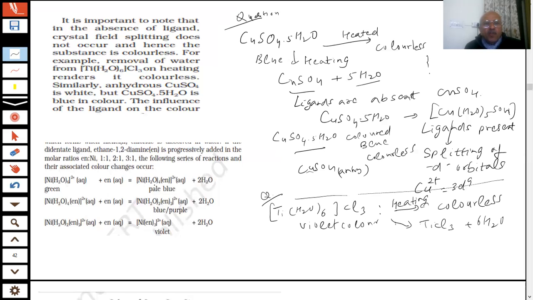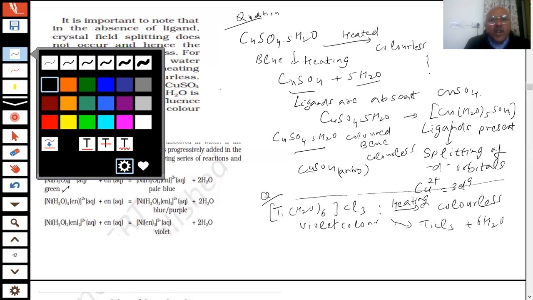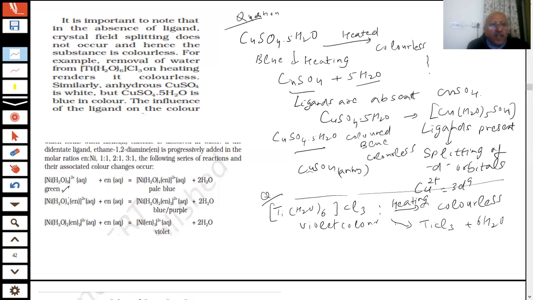Two water molecules are out because en is a bidentate ligand. This is green in color. Now what is happening to the color? It is becoming pale blue. The color changed.